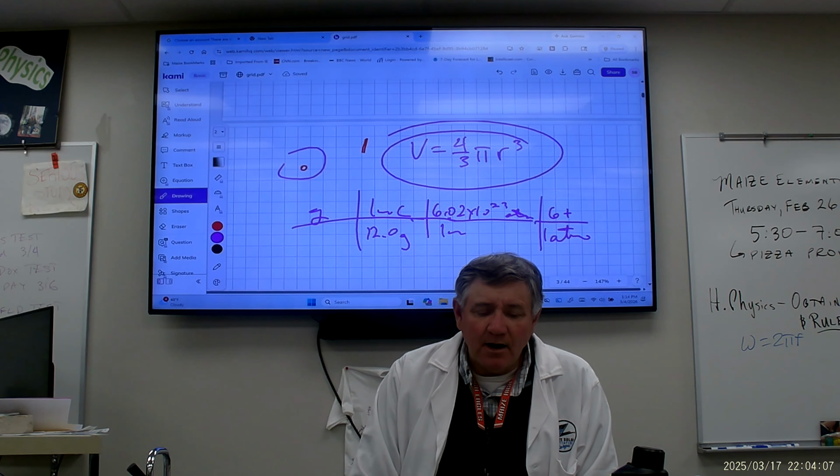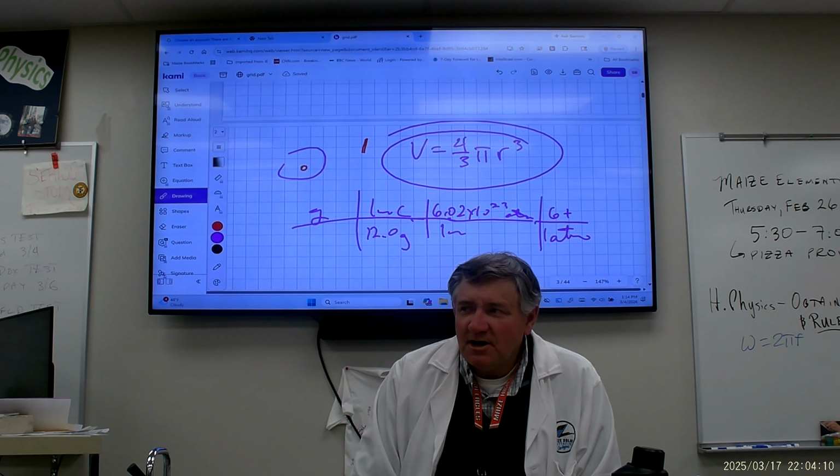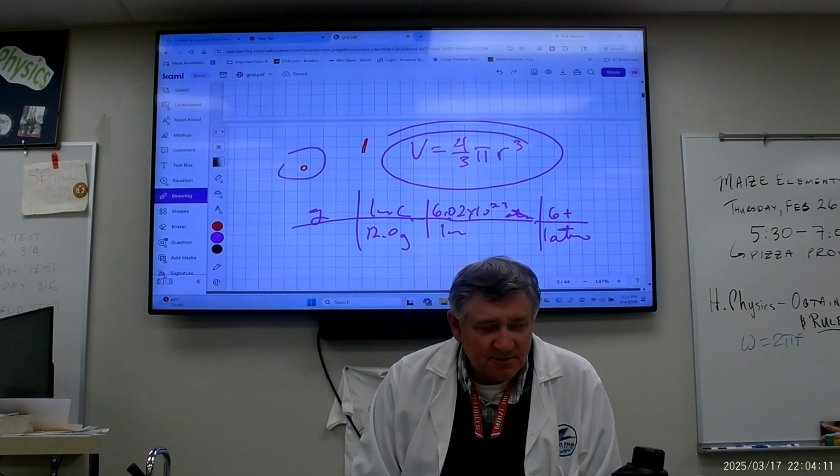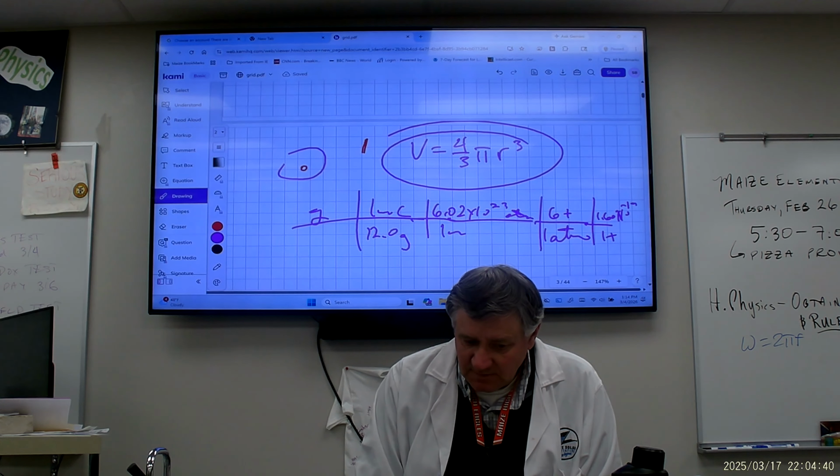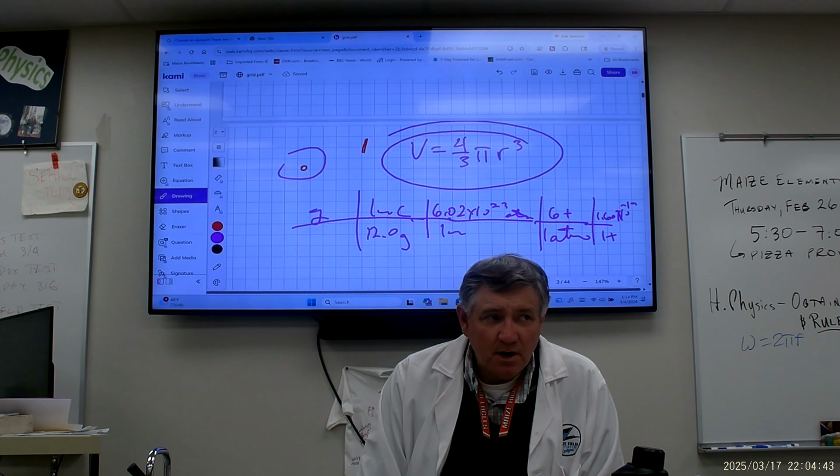Now, what's the charge on each proton? 1.60 times 10 to the negative 19 coulombs. So the total amount of charge is around 0.06 coulombs. That's the total amount of charge on each one.